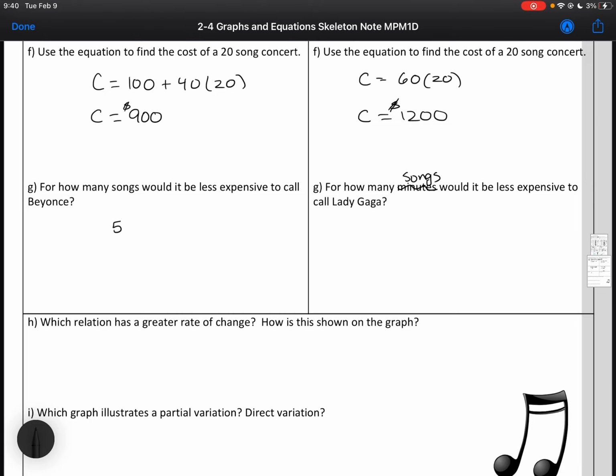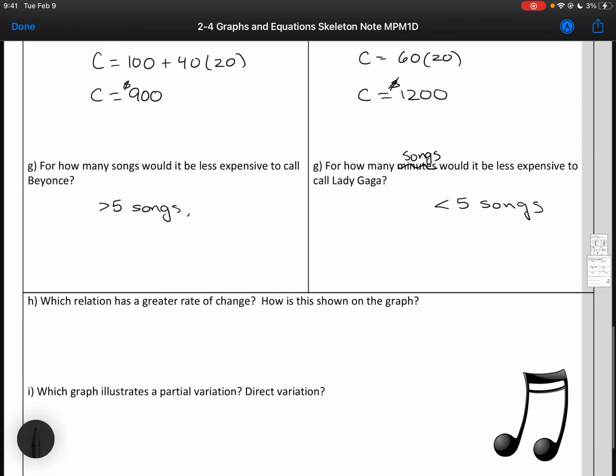So that means for Beyonce, greater than 5 songs, but for Lady Gaga, it would be less than 5 songs. Okay, that point of intersection is important, determines when each relationship becomes more expensive.